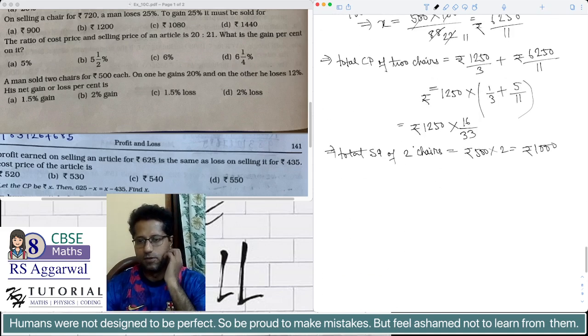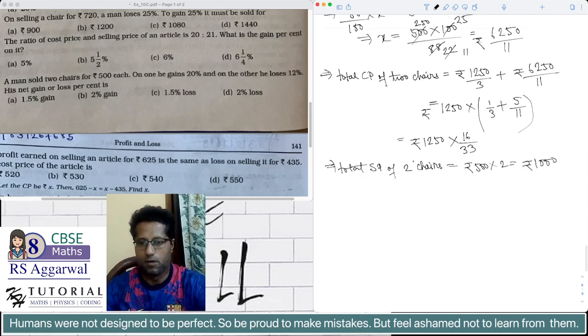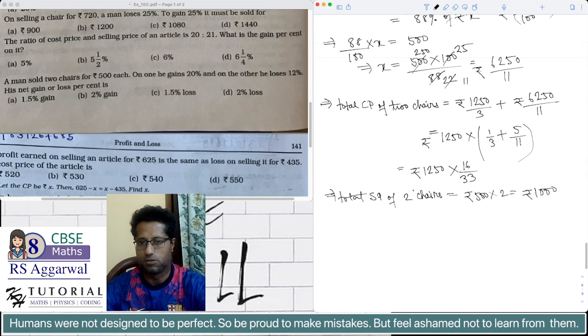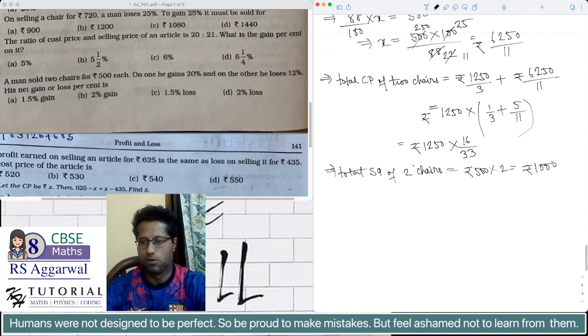Okay, so we have this. Now we can see that the total SP is 1000, and the total cost price was 1250 multiplied by 16 divided by 33.